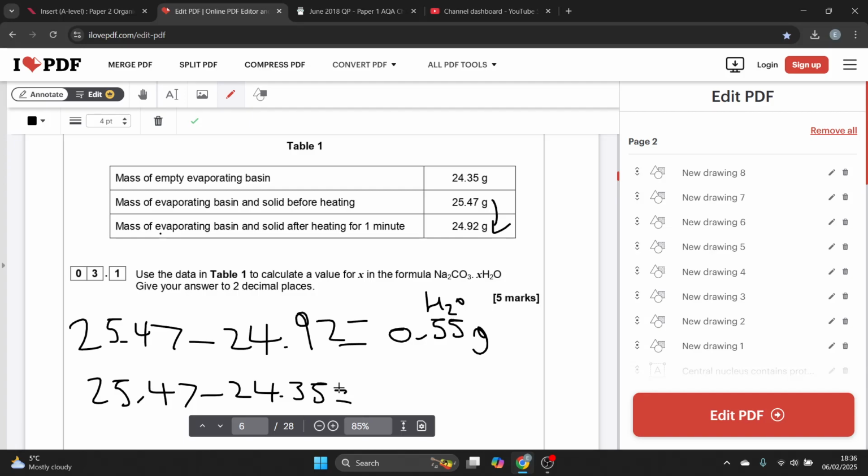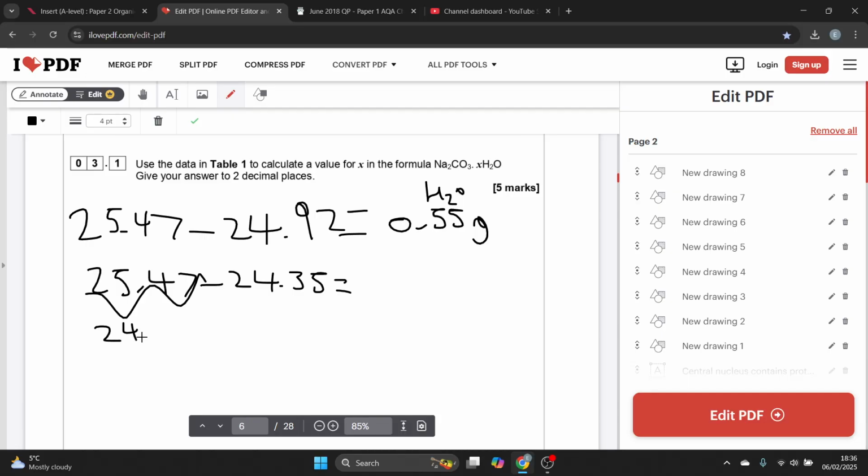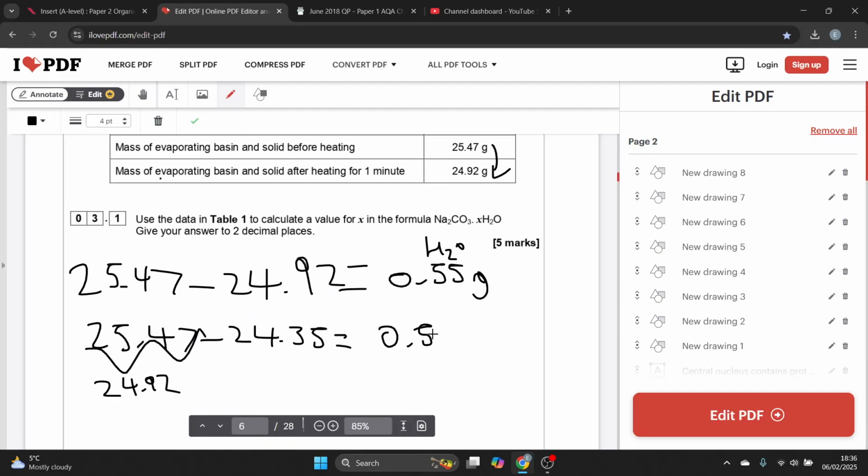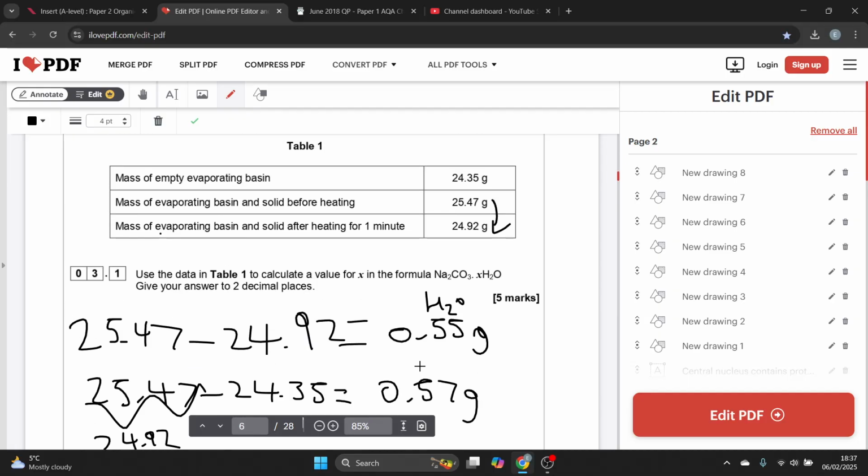It's going to be 24.92 minus 24.35, and that will give me 0.57 grams of Na2CO3.